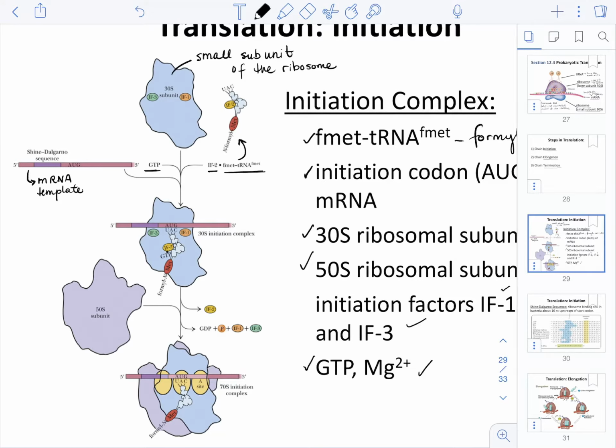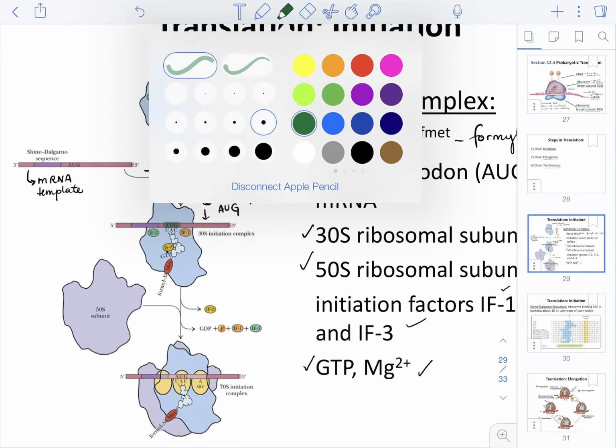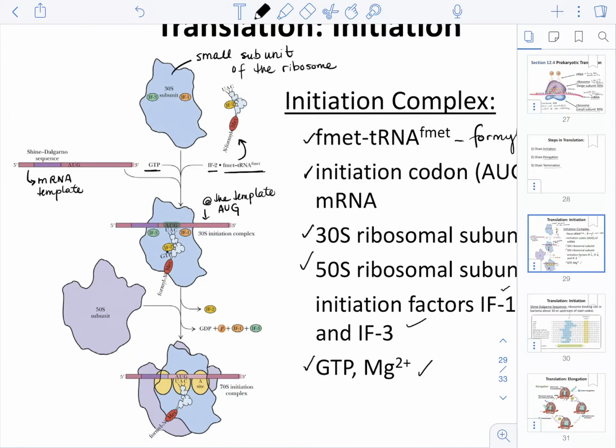At the template, the AUG site, which I'm going to highlight in green, is identified by that N-formyl methionine.